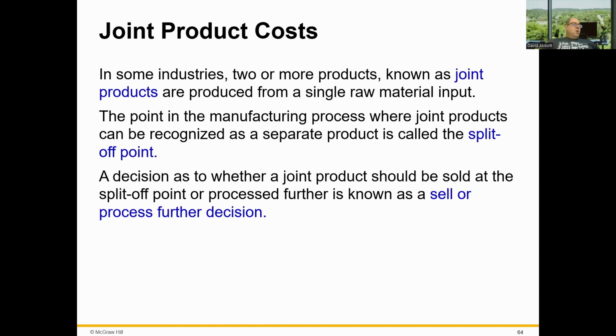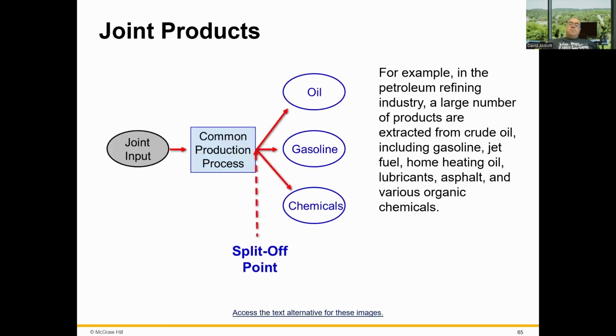When two or more products are produced from a common input, these products are known as joint products. The split-off point is the point in the manufacturing process at which the joint products can be recognized as separate products.